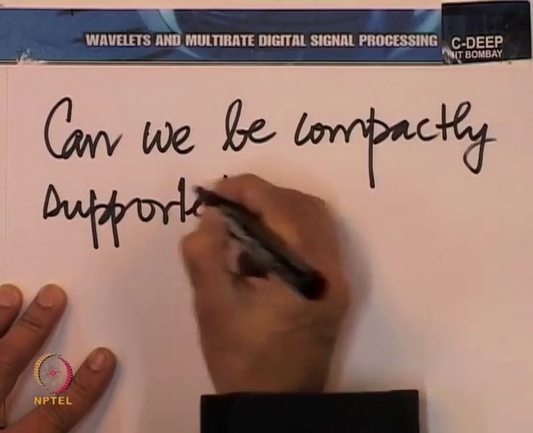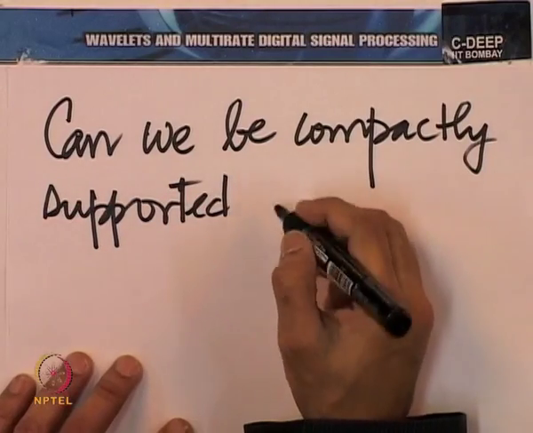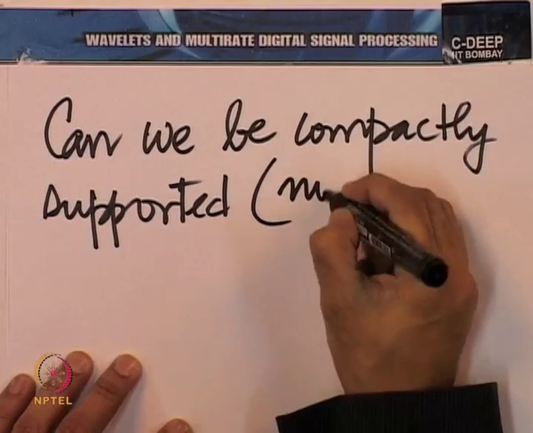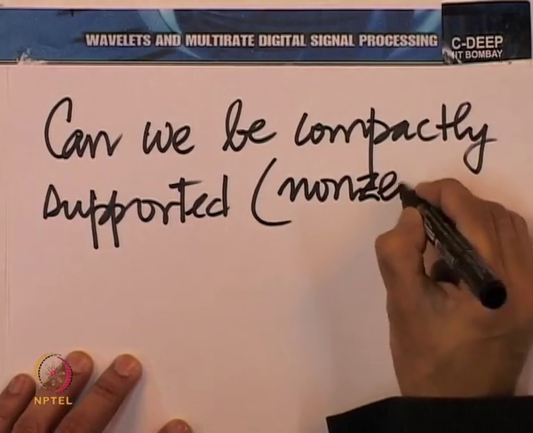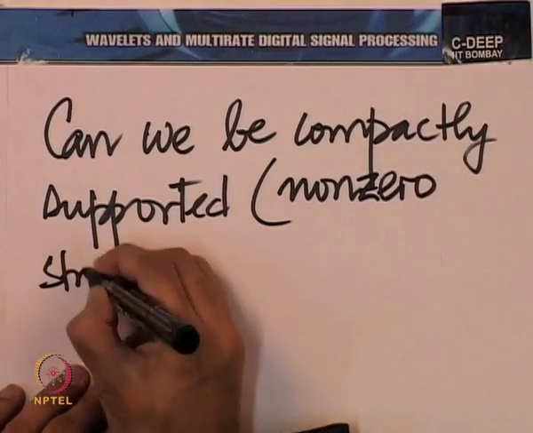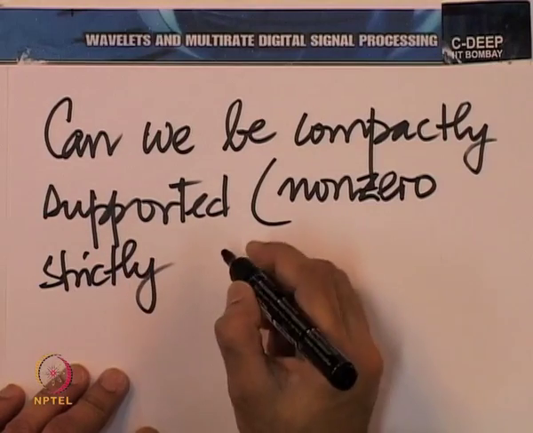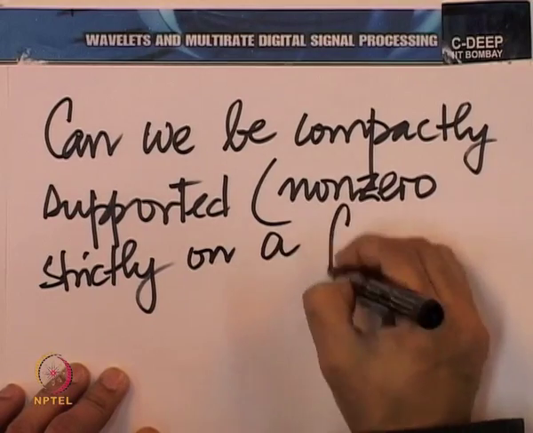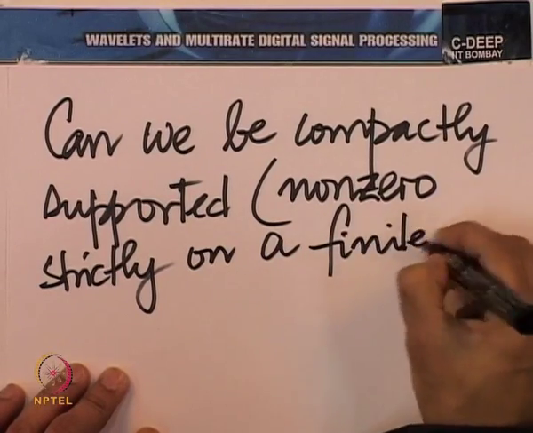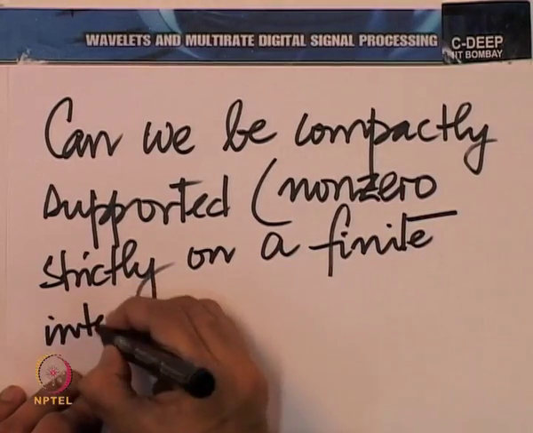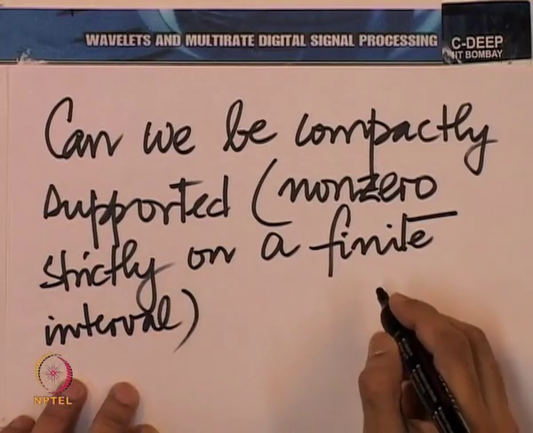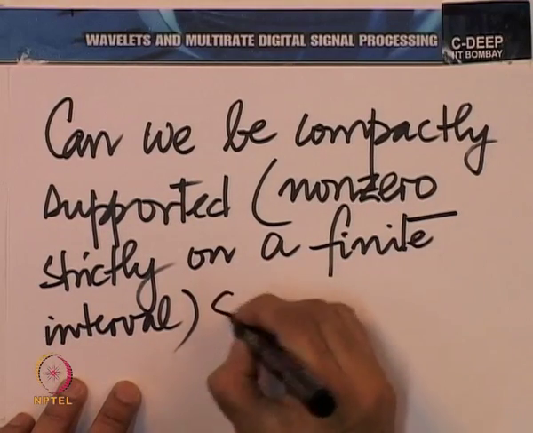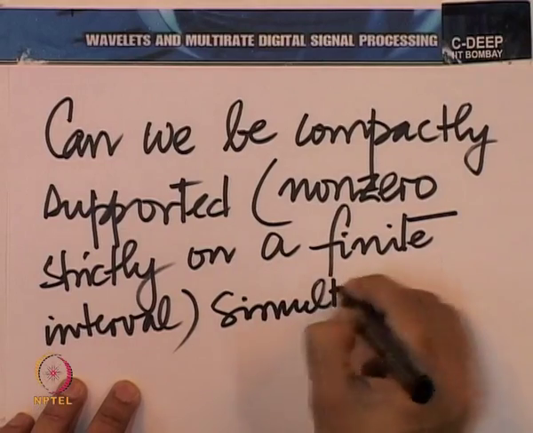I shan't spend too much time on explaining the details, but non-zero strictly on a finite interval is a simple way of saying it at the moment. Simultaneously in time and frequency.